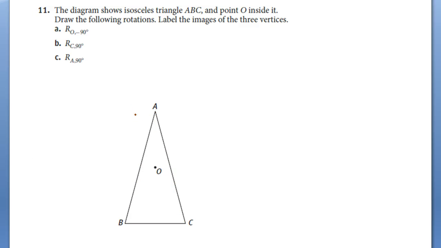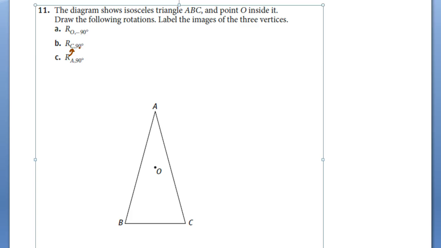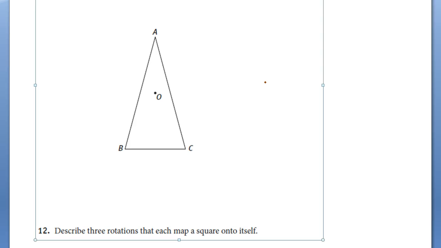All right, I've cleaned that off. Now let's try question B. Rotate around point C 90 degrees. Around point C. So here's point C. This is our center. We're going to connect everything to point C and go 90 degrees clockwise. So for example, the center of our triangle will rotate.